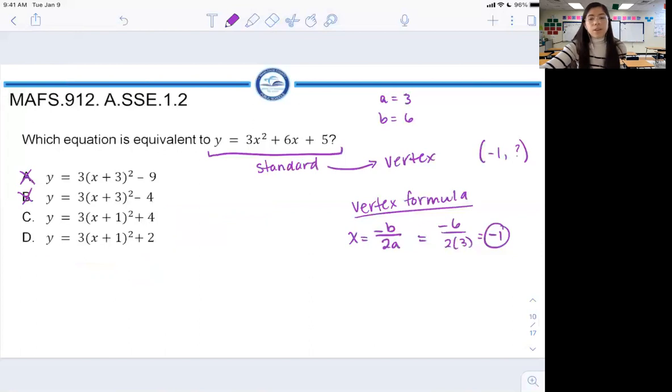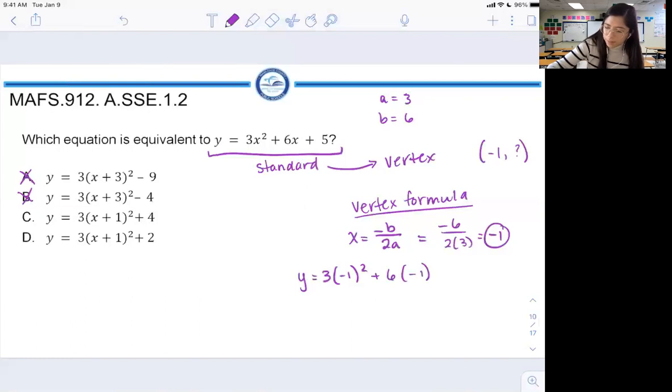That's good. Okay, well now I know the x, but I don't know the y, so what should I do? Plug. Yes, Tyrone. Don't doubt yourself. You're always doubting yourself, Tyrone. Good job. We're going to plug it in. So 3 times negative 1 squared plus 6 times negative 1 plus 5. Here we go. Negative 1 to the power of 2 is positive 1.